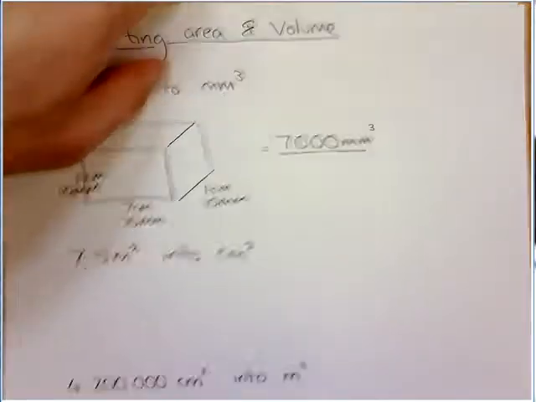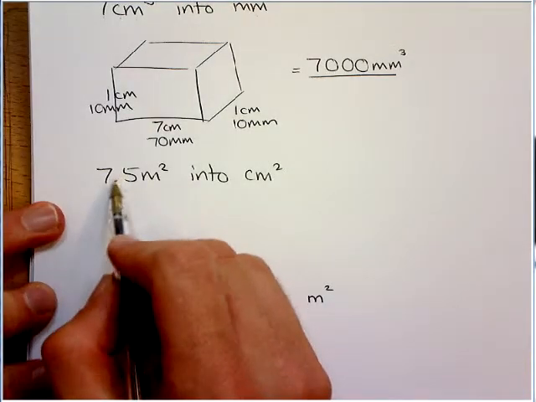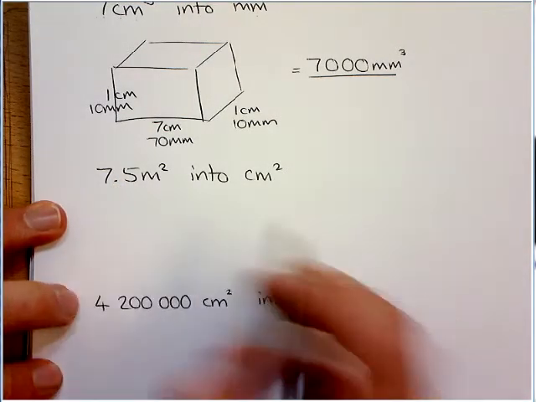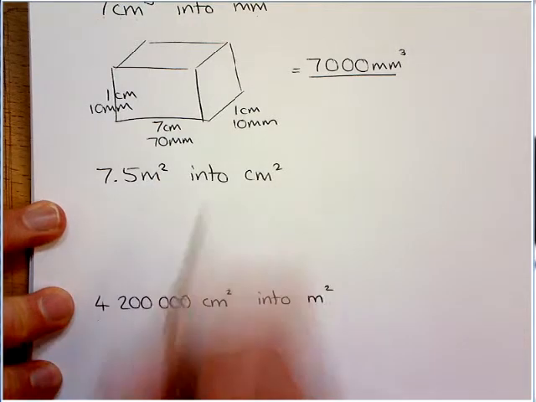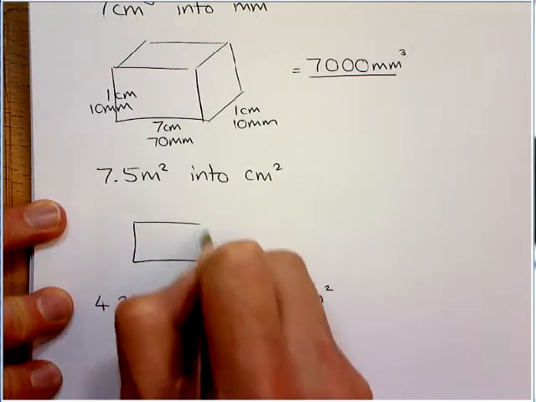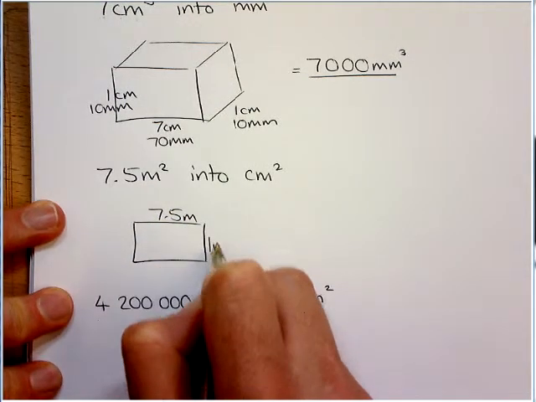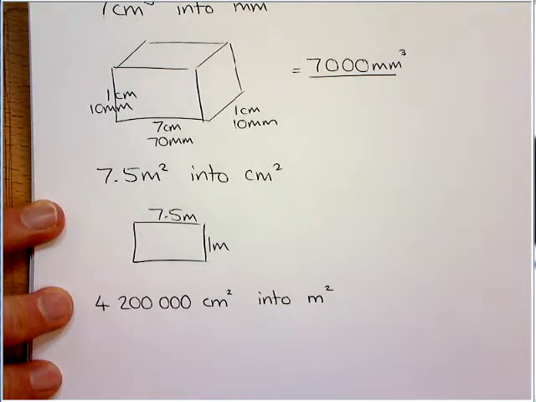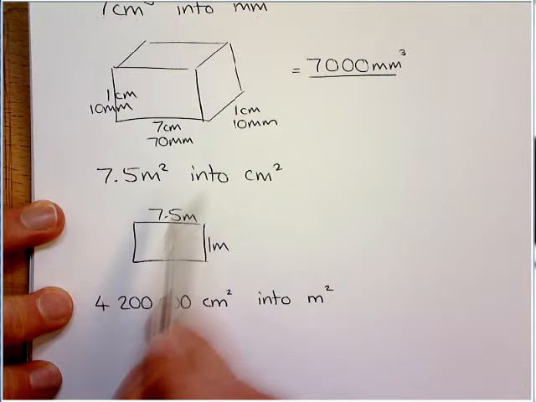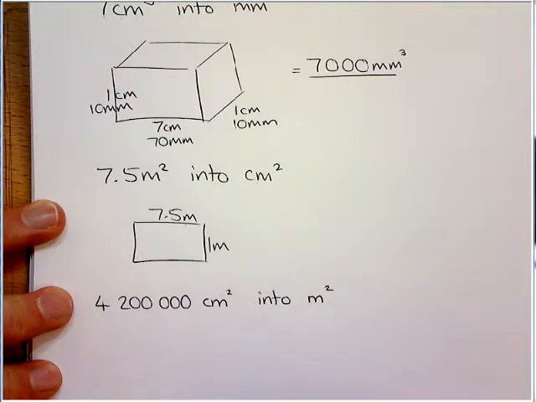Let's have a look at this next one. With a decimal, it could be a little bit harder, but it really won't be. This is area, so I'm going to draw a two-dimensional shape. To make 7.5, I'm going to make it really easy for myself: 7.5 times 1. We're converting into centimeters, so you should know there are 100 centimeters in a meter.